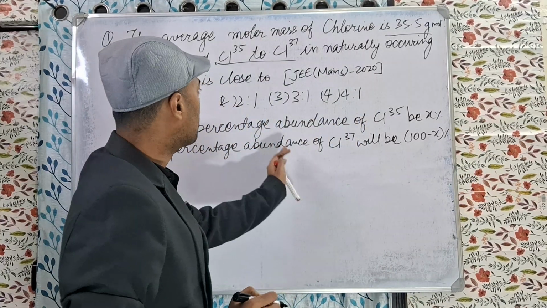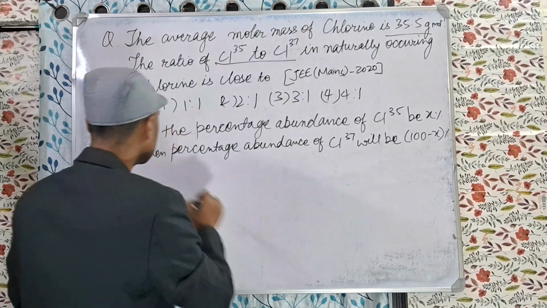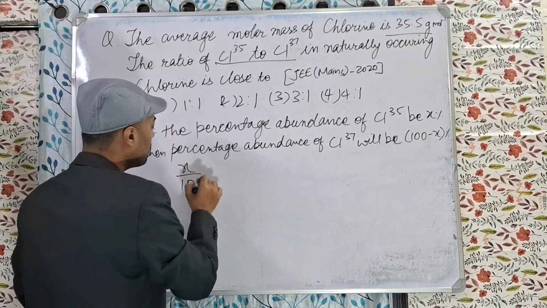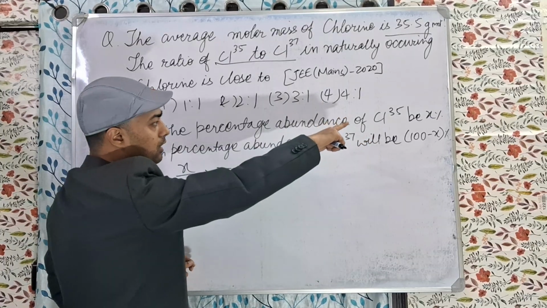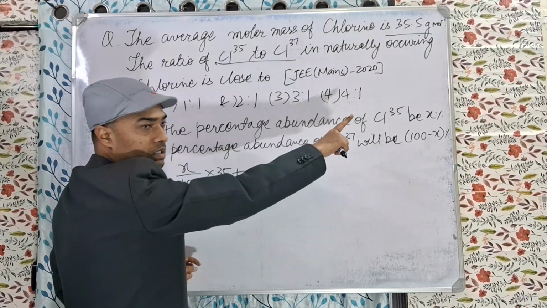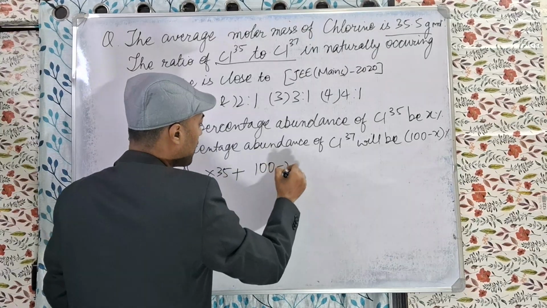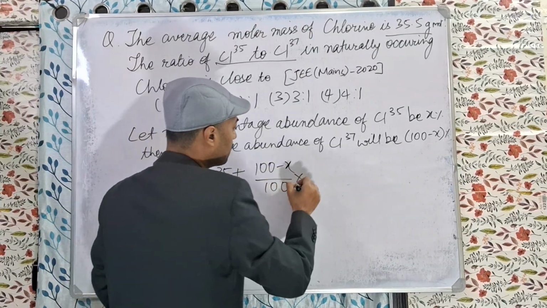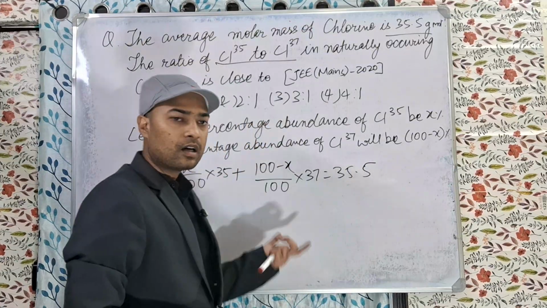Correct? So now we have to do the same process that we have just learned. It becomes X by 100 multiplied by 35, because X percent is the isotope chlorine 35, plus 100 minus X by 100 into 37 is equal to 35.5. Let us solve it.